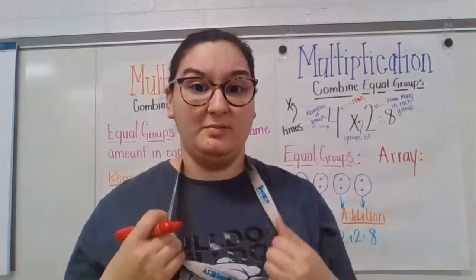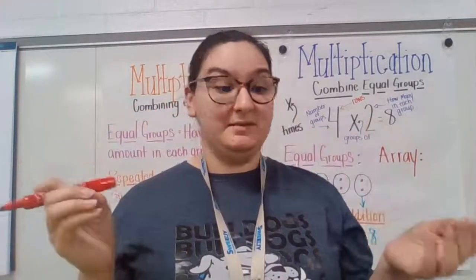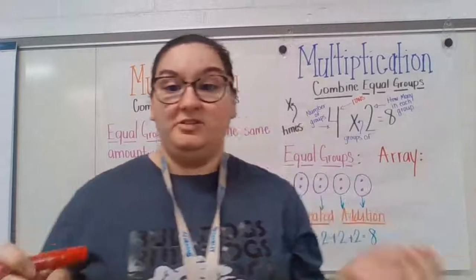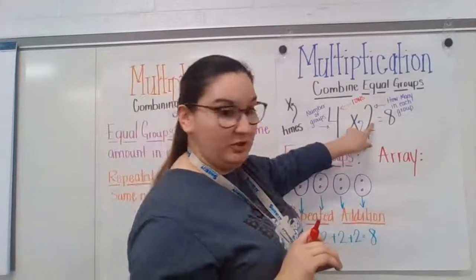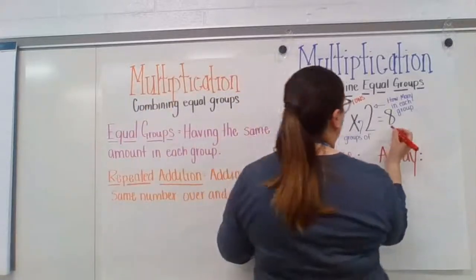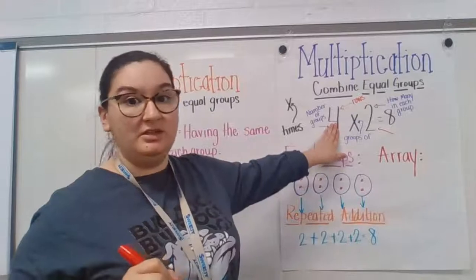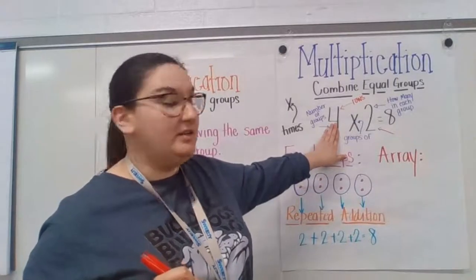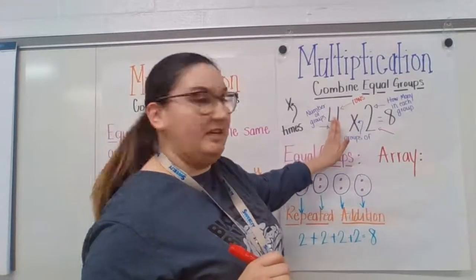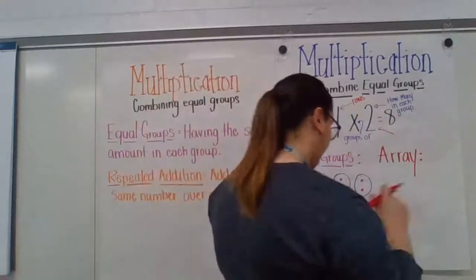I'm going to do X's to represent my arrays, but it doesn't matter what object you do. My 2 is going to be my columns. So the number to the left of the multiplication sign is rows. The number to the right is columns.